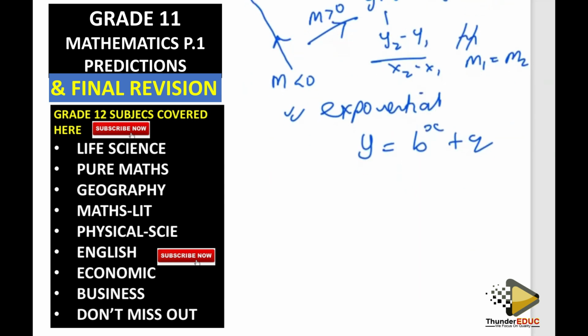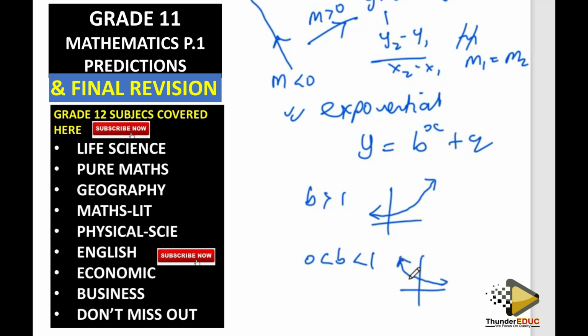Then with the exponential, one thing we need to know is that if b is greater than 1, then that's going to be an increasing exponential. If our b is between 0 and 1, in other words, it's a fraction, then that's going to be a decreasing exponential. This q here represents what we call an asymptote. If the question asks you for the equation of the asymptote, just tell us y is equal to q.